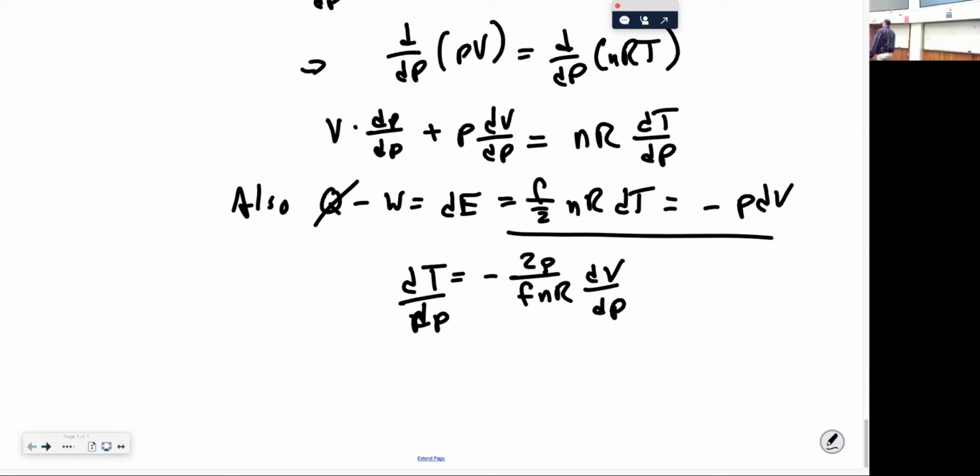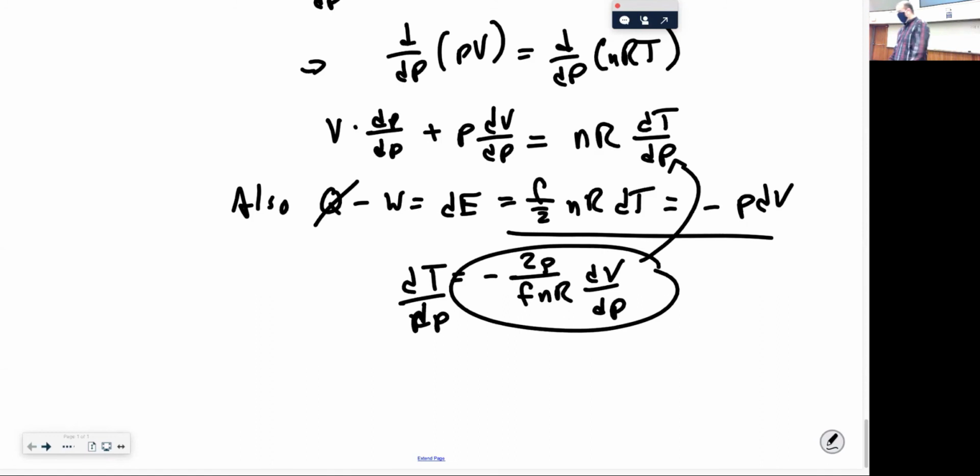Why is it that you can just divide by a dP and that becomes calculus and a derivative? It just works. I'm happy to do it. I still don't really understand it. It's crazy. So we can plug this into here and get rid of our T's and have an equation that's only in terms of P's and V's. That will be useful.